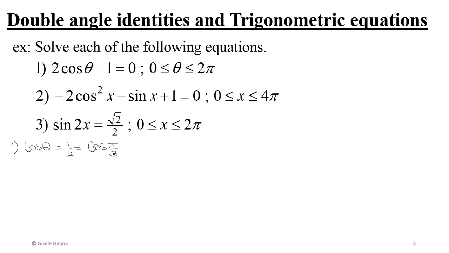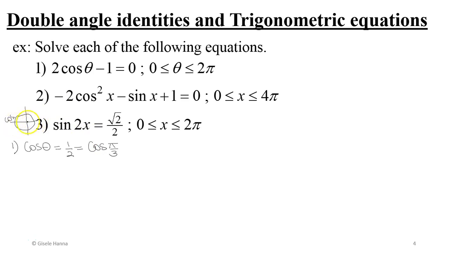However, if you're working on a paper where the calculator is not allowed, you'd have to know the table of remarkable angles. So cosine of theta is cosine of pi over 3. Now referring back to the rules for the equations, we don't really have to memorize these rules. By placing this small unit circle on a scratch, we can always figure them out.